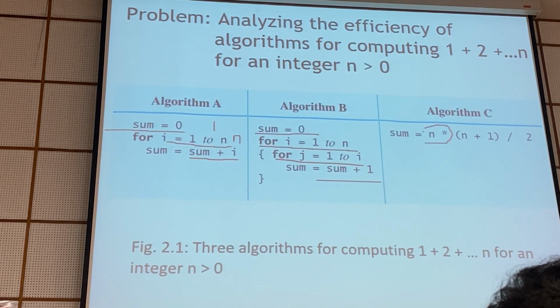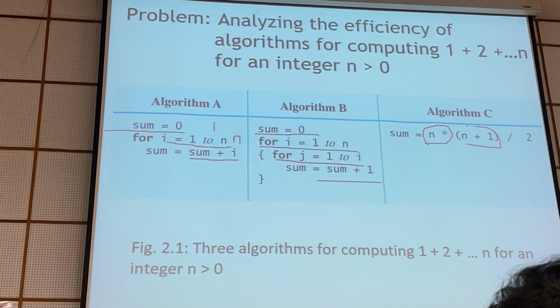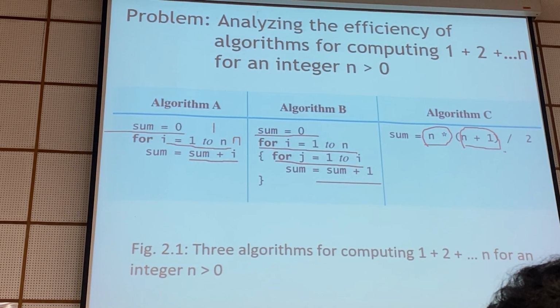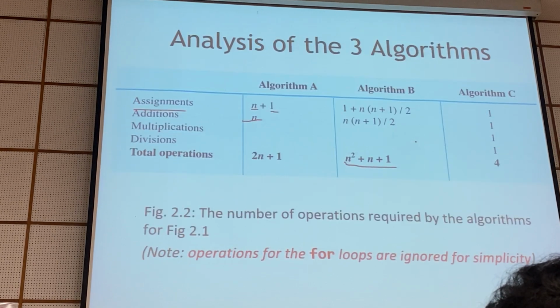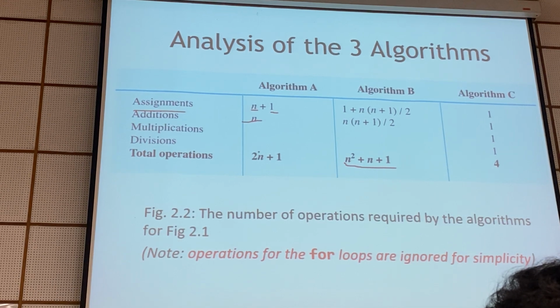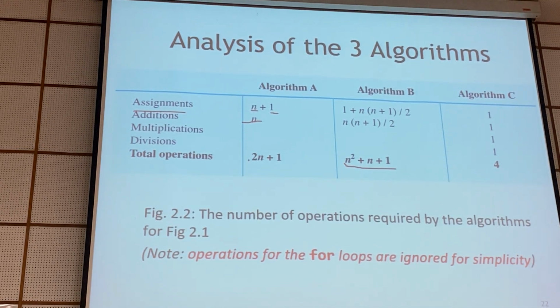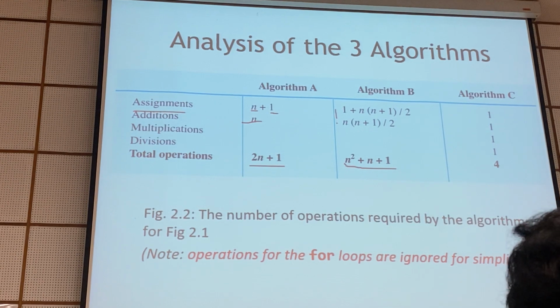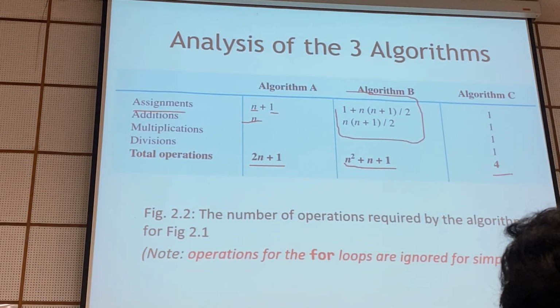We have one multiplication, one addition, one division, and one assignment. See that? So we put all one. Then we total it up. This is the value we are getting. We total all this up, and this is the value we are getting.